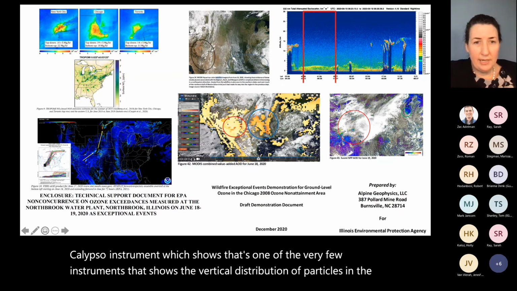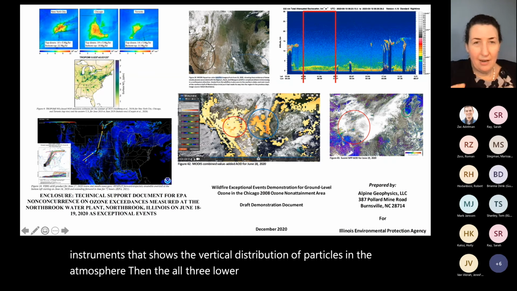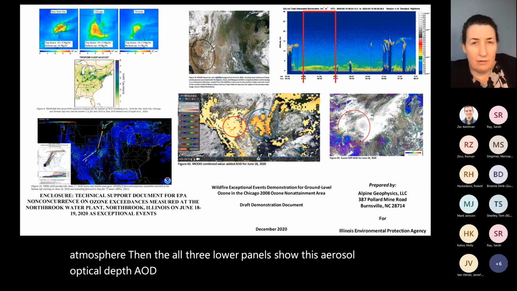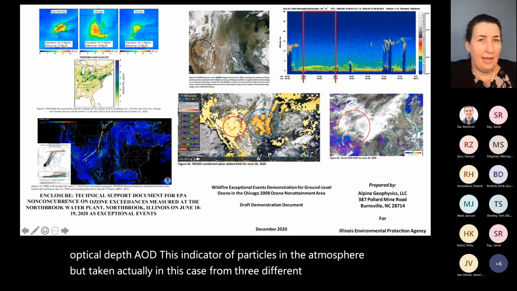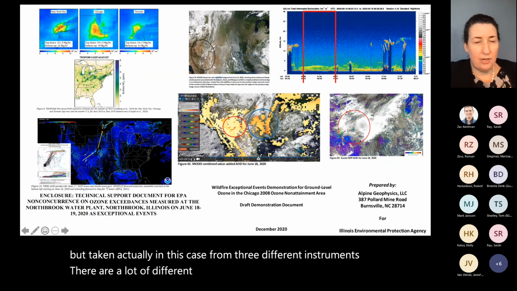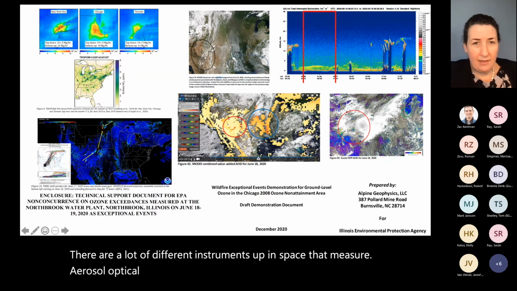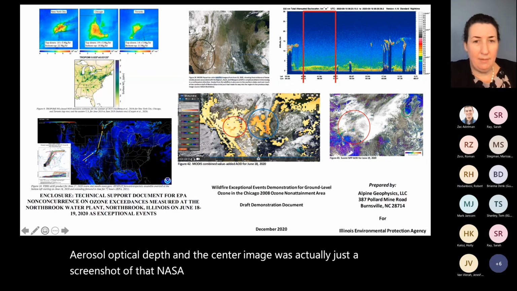Then all 3 lower panels show aerosol optical depth, AOD, this indicator of particles in the atmosphere, but taken in this case from 3 different instruments. There are a lot of different instruments up in space that measure aerosol optical depth. And the center image was just a screenshot of that NASA Worldview website that I mentioned earlier.